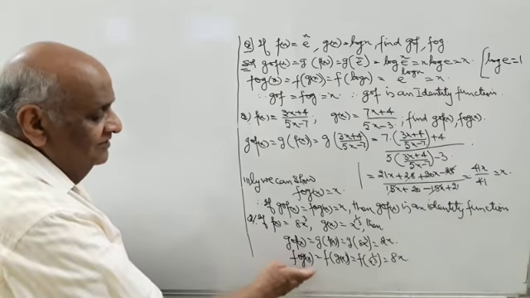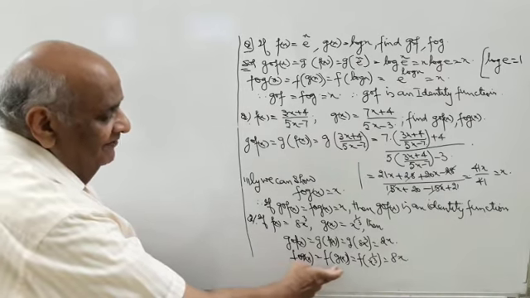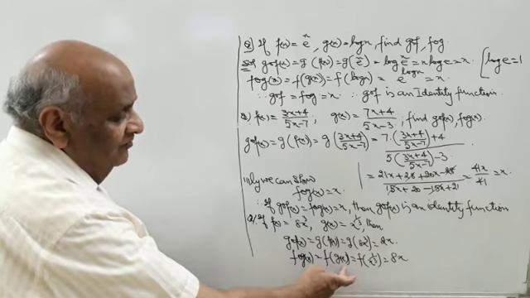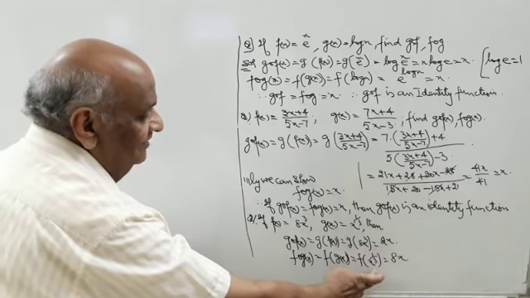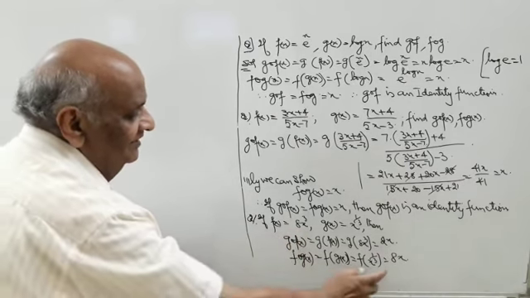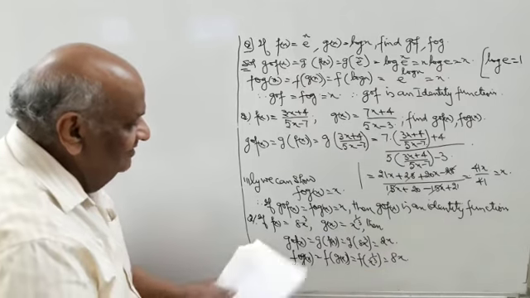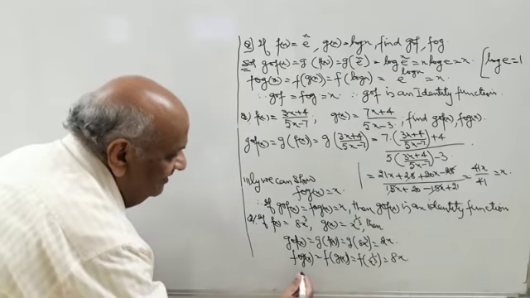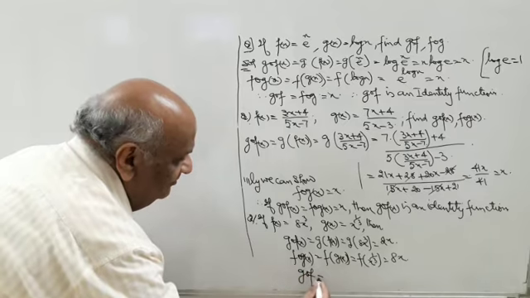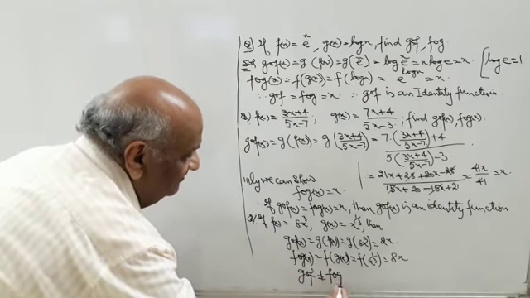When you have f circle g(x), it is f of g(x). Look, it is f of x to the power 1 by 3. Put it here, it is 8 into x. So here we can say that g circle f is not equal to f circle g.